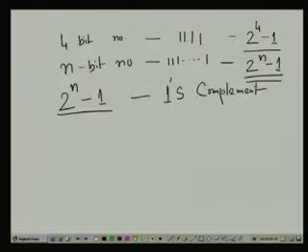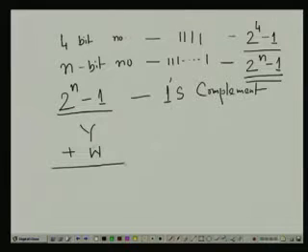So, what we have seen is that y plus w, if we take w n as y n bar, then this is always 1, whatever the bits, if it is n bit.